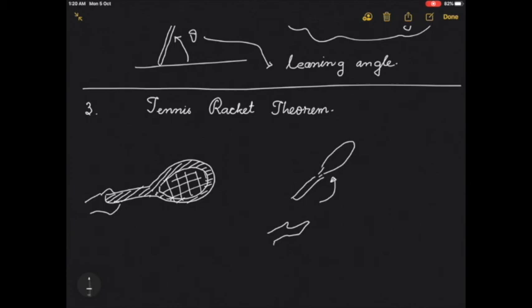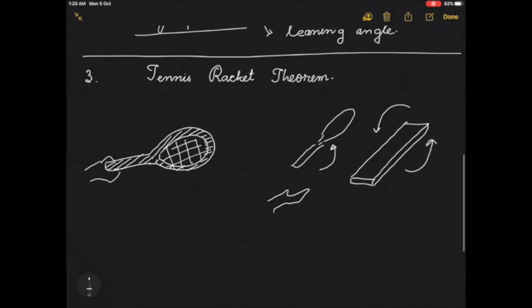What you will observe is, if I draw the racket now, just like a physicist will draw a racket like this, and remember that you have given it a turn like that, it not only turns like this, it also would have turned like that.